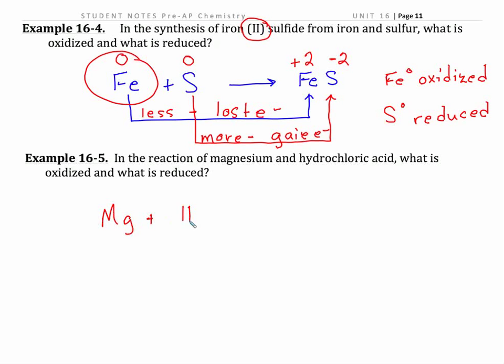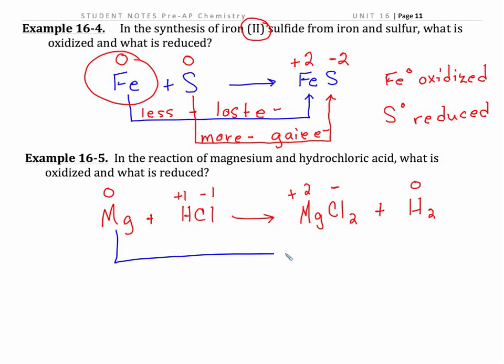Now, magnesium plus hydrochloric acid is a single replacement. Magnesium is 0, hydrogen's +1, chloride's -1. Magnesium likes to give up electrons to become positive, so it's going to steal the chloride, which leaves hydrogen all by itself. So magnesium becomes +2, chloride is still -1, and the hydrogen is 0.